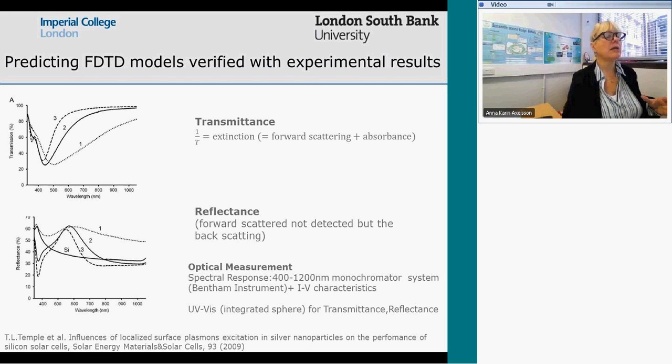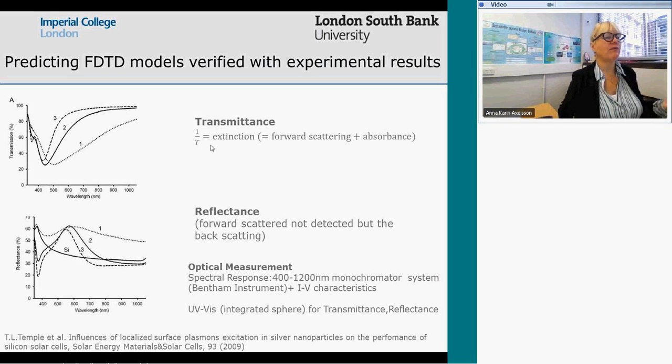Quite standard optical measurements, such as monochromatic measurements between 400 and 1200 nanometers, which means covering the whole solar light, and in connection with IV measurements with and without incoming light, and also normal spectroscopy with reflectors. Here, just as an example, the transmission over wavelength for different particles and the reflectance over wavelength do look different.